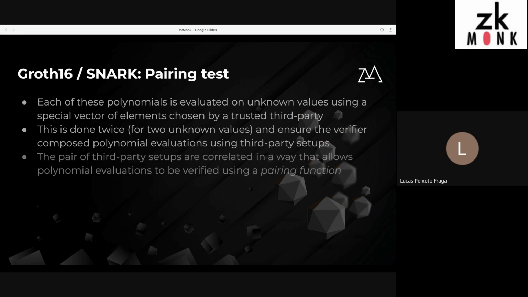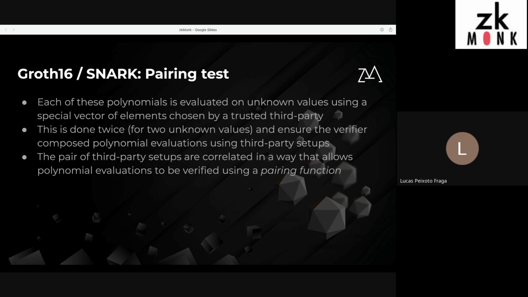And well, the setups are correlated in a way that allows polynomial evaluations to be verified using a pairing function. Pairing functions are very heavy crypto. Understanding them is not that difficult, but their implementation is, and they have a lot of properties that we use in the verification.